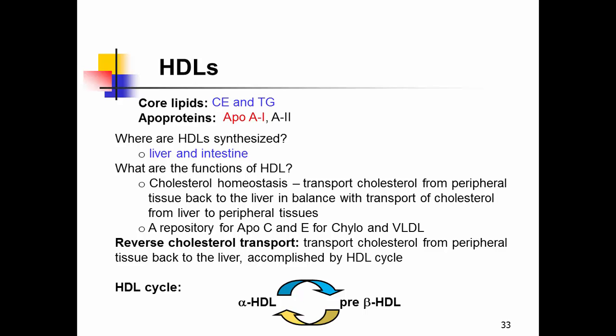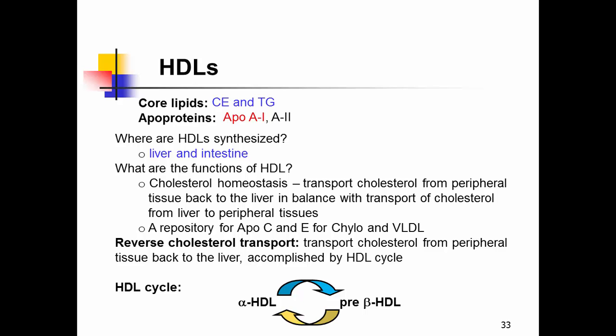Reverse cholesterol transport means transporting cholesterol from peripheral tissue back to the liver. This reverse transport process is accomplished by the so-called HDL cycle. The HDL cycle involves two different types of HDL, alpha HDL and pre-beta HDL.